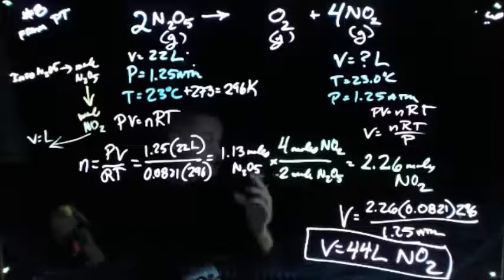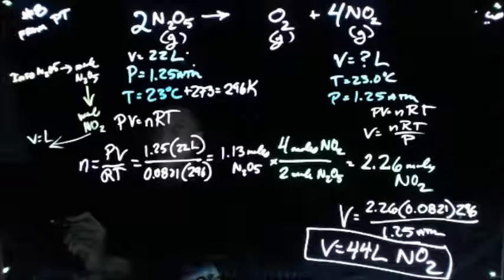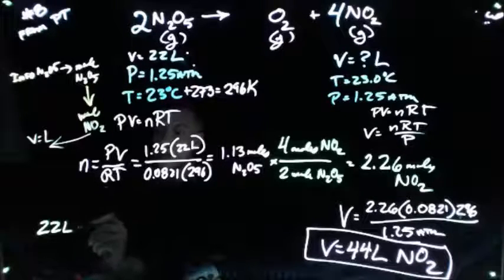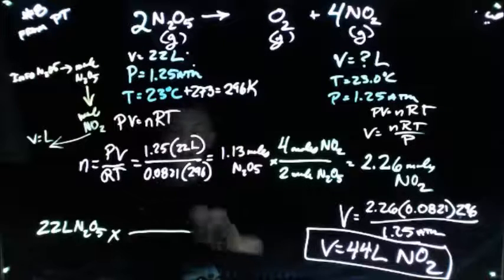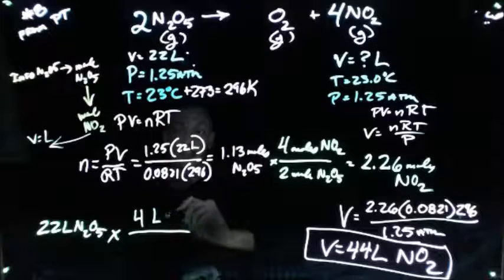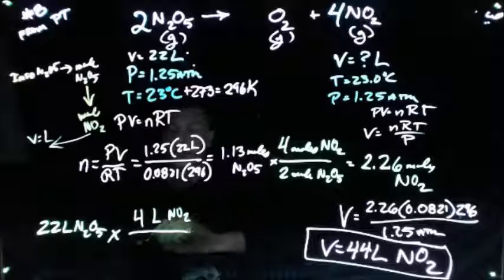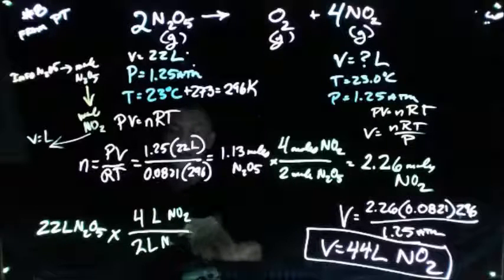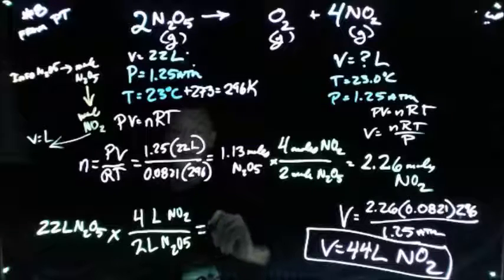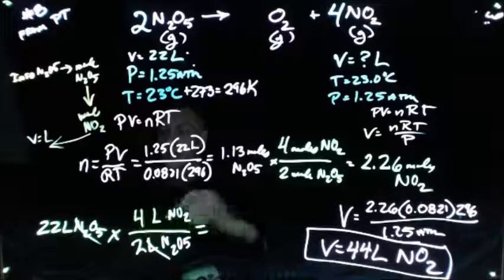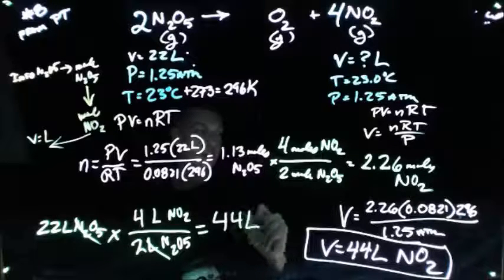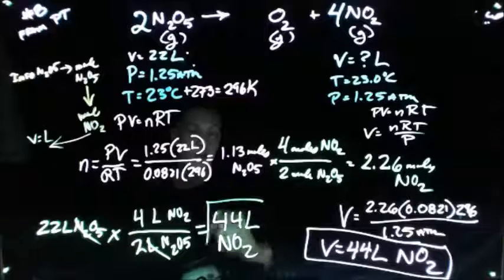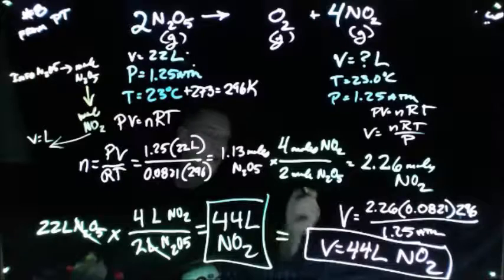If we use this shortcut method, I'm going to go 22 liters of N2O5 times 4 liters of NO2 for every 2 liters of N2O5, the liters of N2O5 divide away, and lo and behold, I get 44 liters of NO2, and those answers are the same.